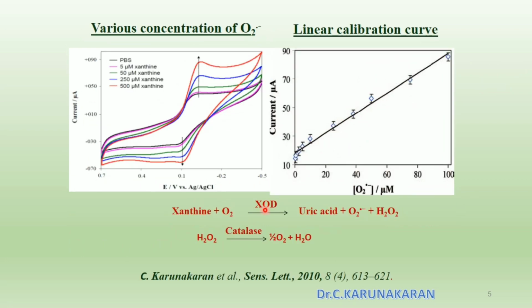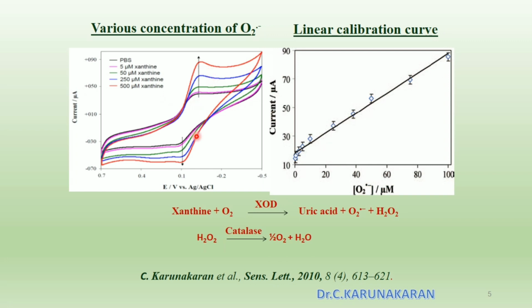Here we have generated superoxide radical by using xanthine oxidase enzyme. In the presence of xanthine oxidase enzyme, xanthine gives superoxide radical. With the increase in xanthine concentration, the superoxide radicals formed are greater, for example 5 micromolar of xanthine, 500 micromolar of xanthine.